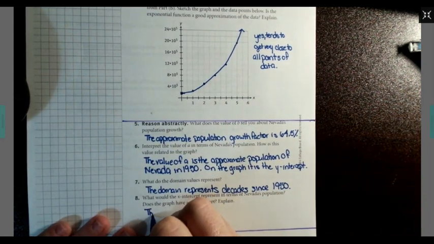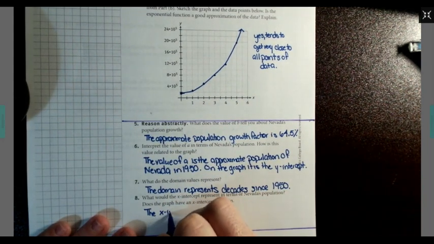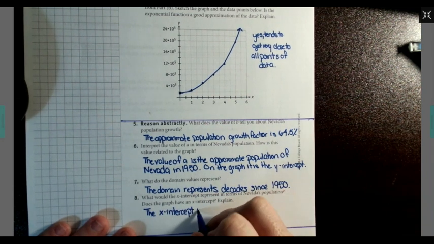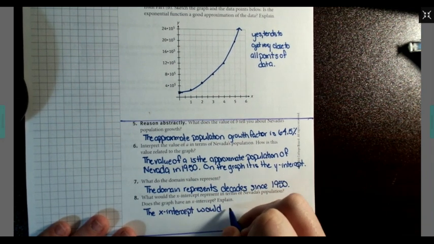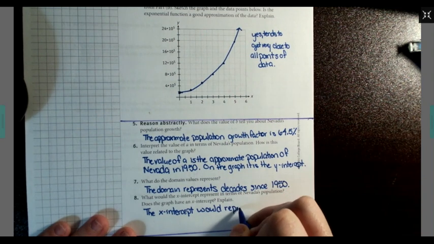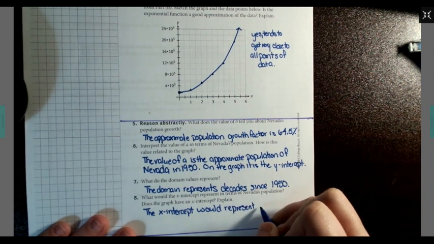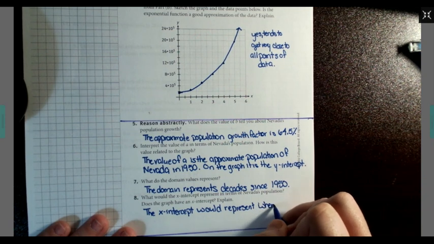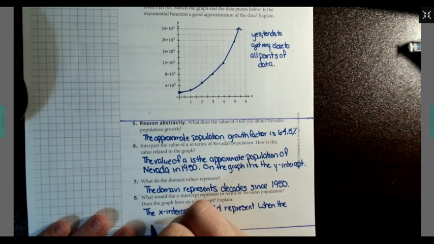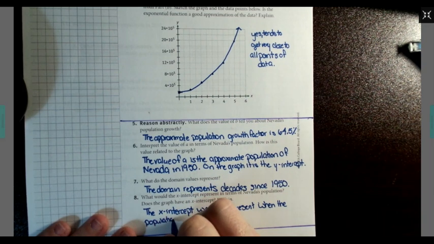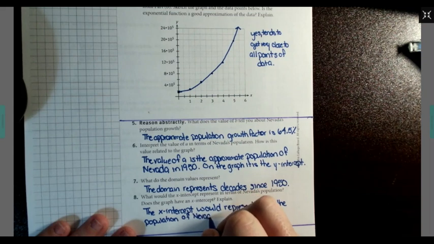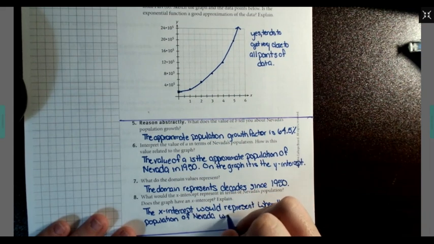An x-intercept would represent when the population of Nevada was 0.